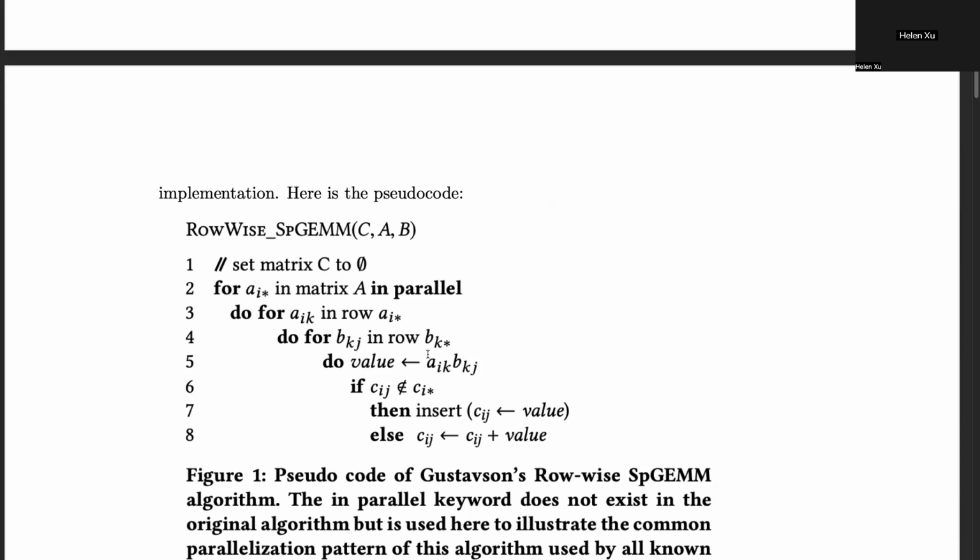You take your matrix A and you loop over the rows. So you fix the row i and you look at all the columns, so you have A_i star, where each is just some non-zero in A. And then for every A_ik in that row, where k is the inner dimension, you do for all the B_kj in B sub k.